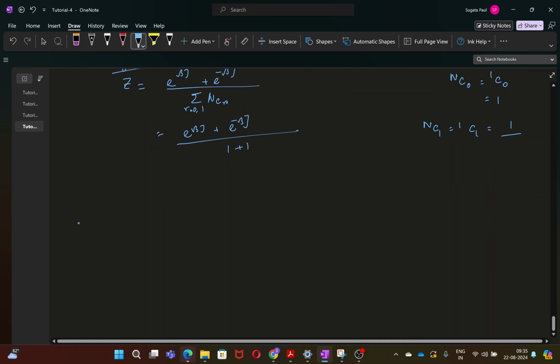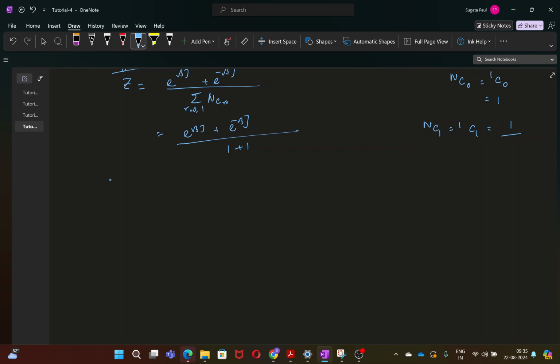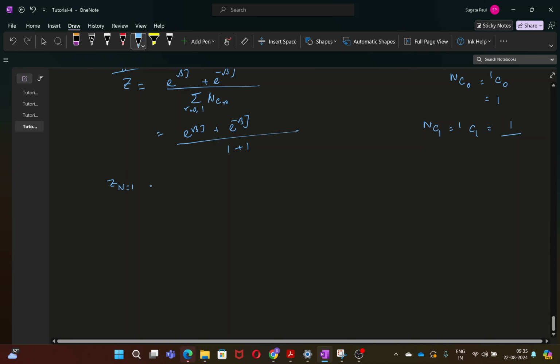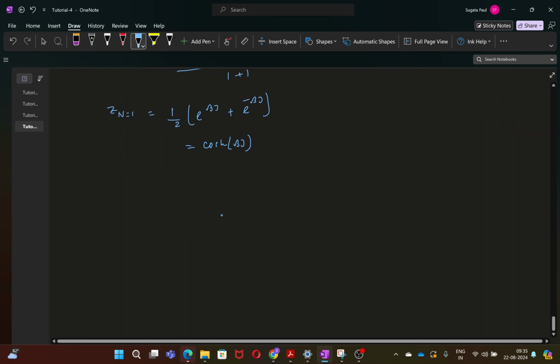So for a single spin, or N equal to 1, your partition function final value is Z for N equal to 1 equals half of e to the power of beta J plus e to the power of minus beta J, which is cosh of beta J.